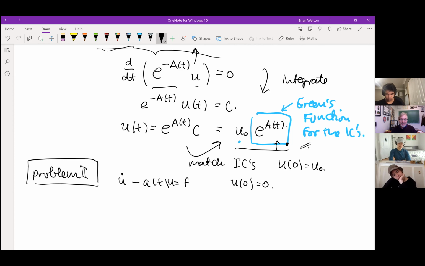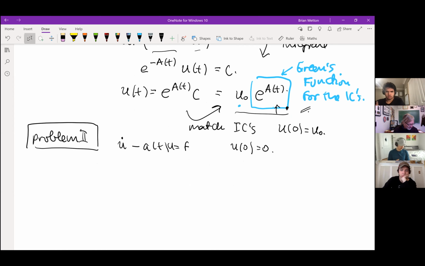It's a stretch. No one else in the world would call that a Green's function. I've never seen it before, but it's generalizing the same idea. Okay, I got an okay that sounded good. So I'm going to play the same game I did before. I'm going to multiply by the same integrating factor.